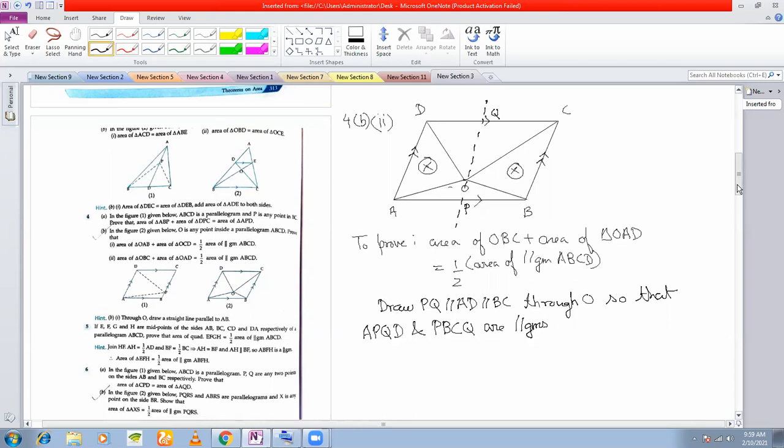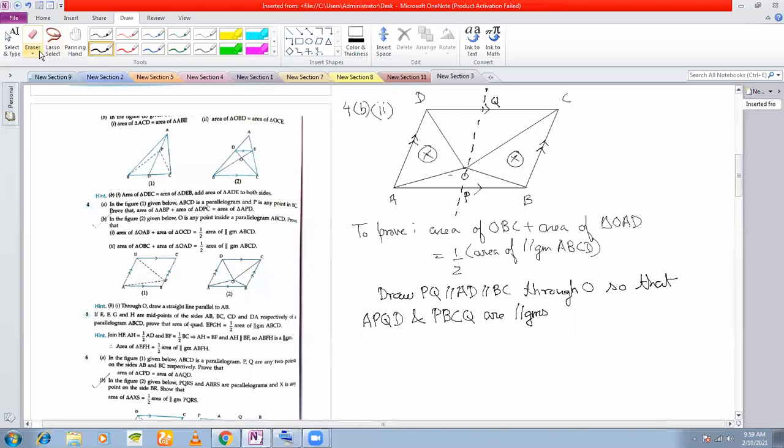Okay, now comes our observation. What you see is that in this parallelogram, that is APQD, this triangle here, that is AOD or OAD, whatever you call it, lies on this base AD and between these two parallel lines, this parallel line and this parallel line.